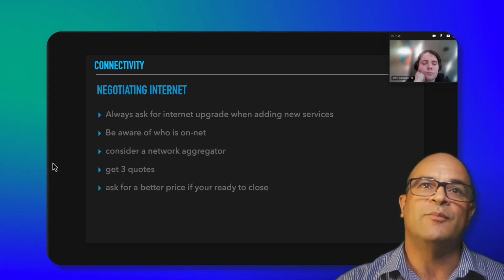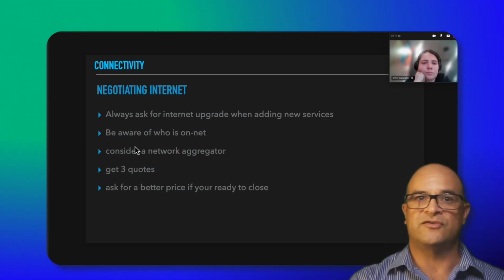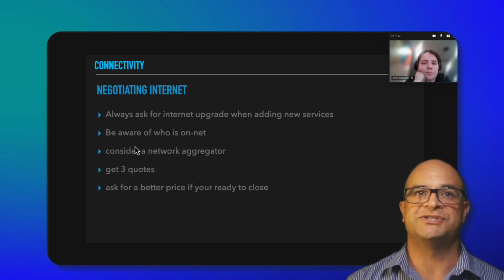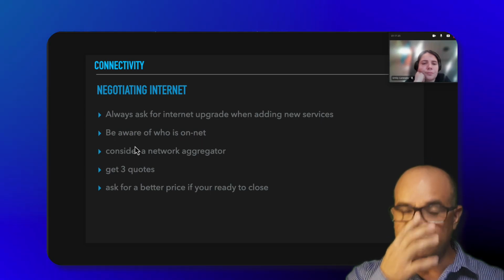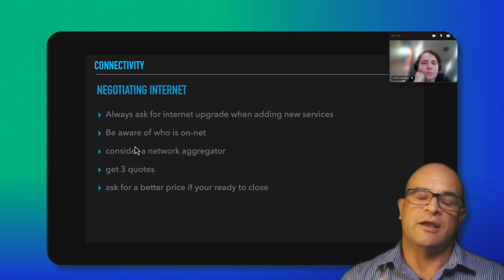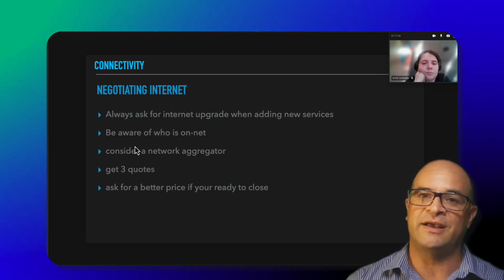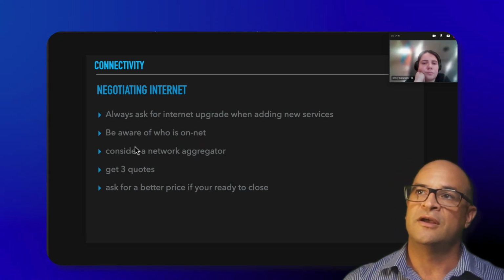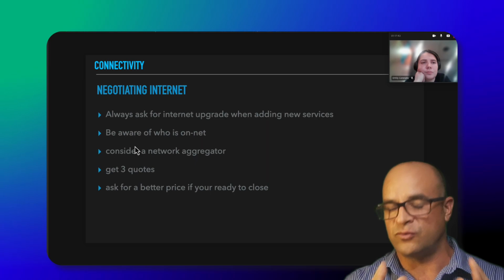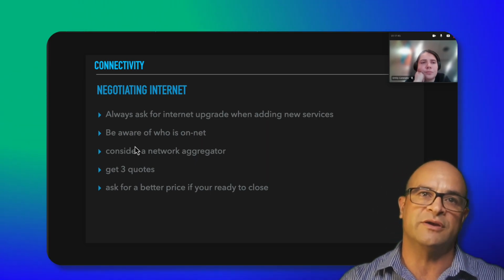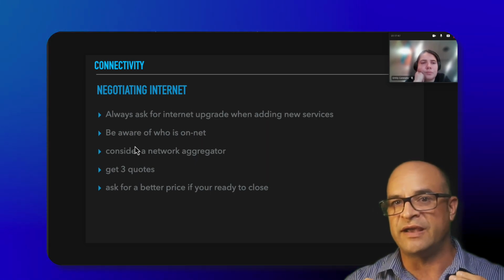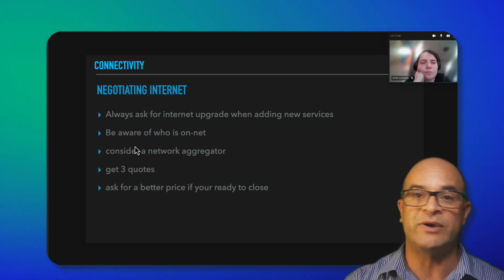So after you get to those certain points, how do I negotiate the internet? Well, if you don't know how to negotiate the internet, I would say, listen, reach out to one of us. That's where we come in. We could help you negotiate your internet and then take a look at what you're spending today and see how we can help you save.